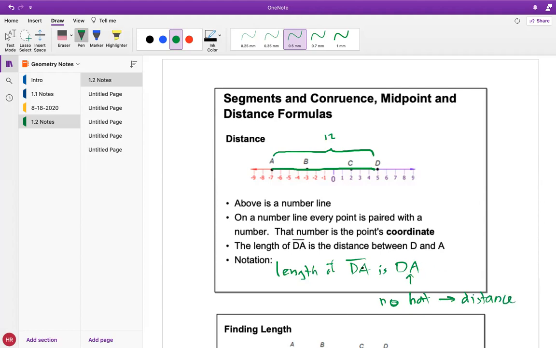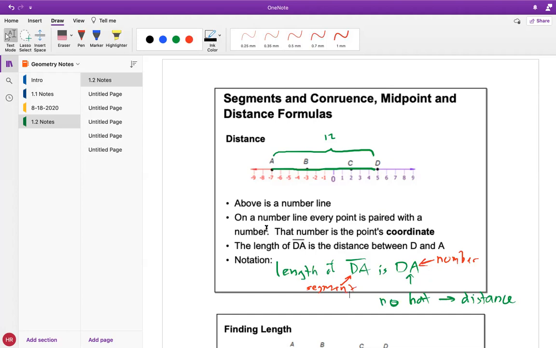The difference between this and this is that the distance from D to A is a number. In this case, it's 12, but it could be any number. And this actually represents a segment, the physical thing that goes from A to D, and this represents a number.